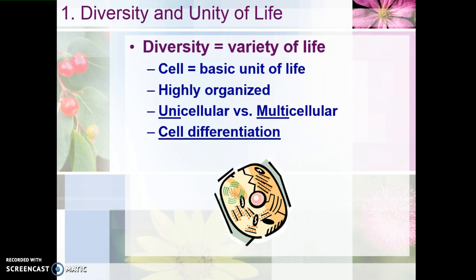In a multicellular organism, we have cell differentiation, which is when the cell determines what job it has. You might have an eye cell, a skin cell, a stomach cell and a heart cell, and they all do different functions. They have different organelles that allow that cell to survive and thrive in the multicellular organism.